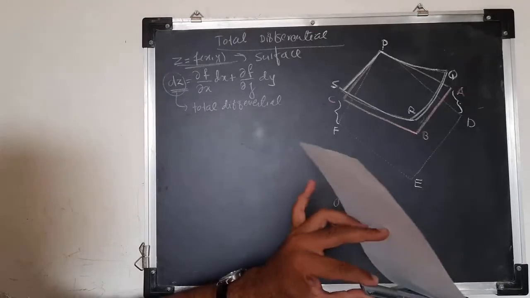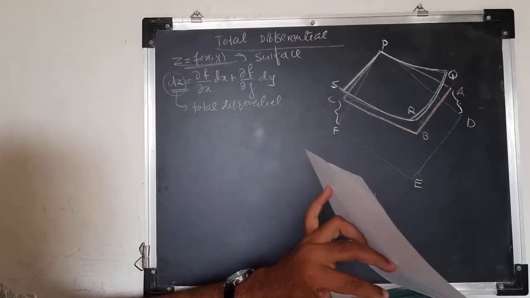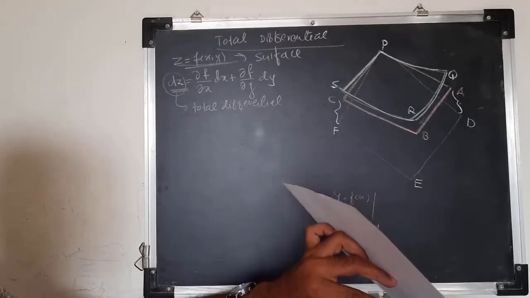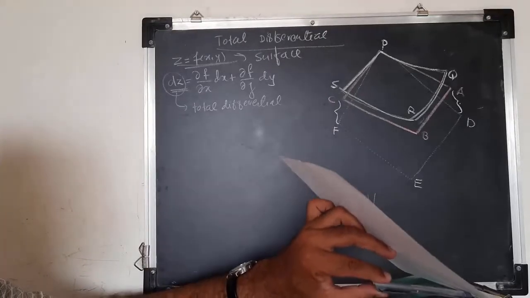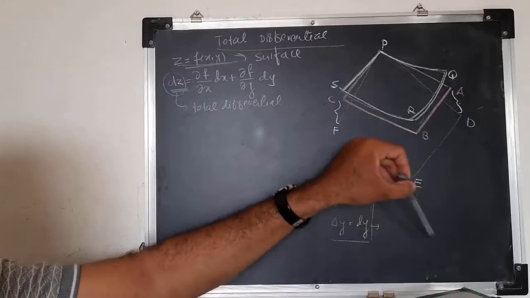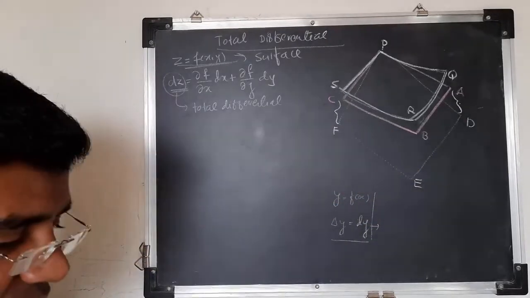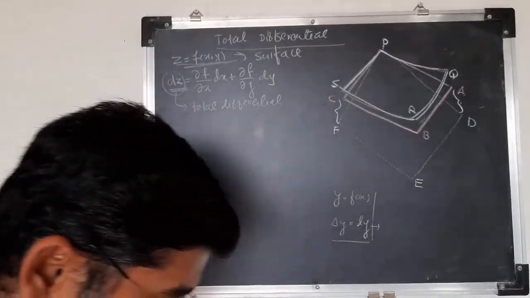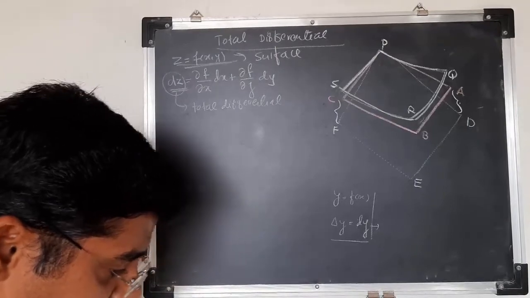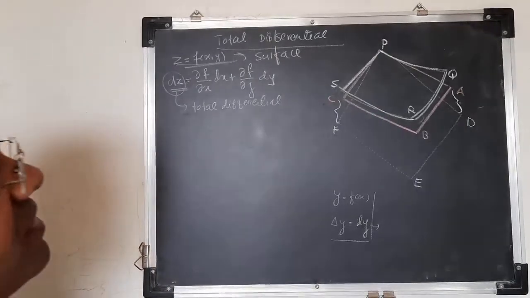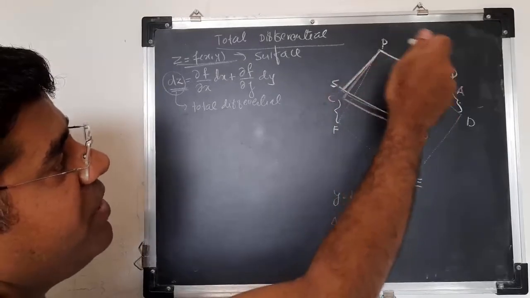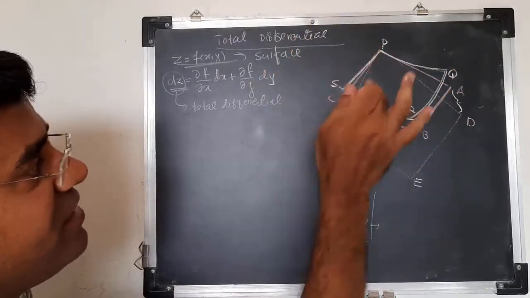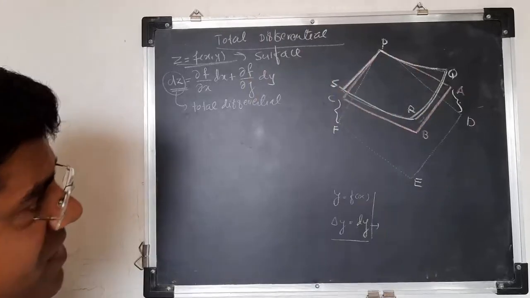Dz is along this particular z direction, because one side is your x and one side is your y. Suppose this is my x and this is my y. In this case, this is your surface, BC is your tangent, and this is your horizontal surface.